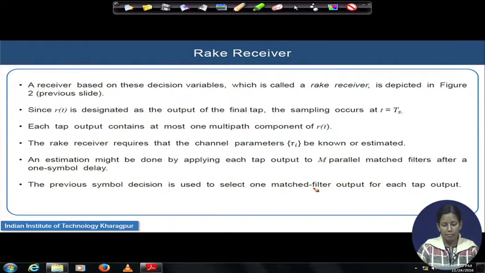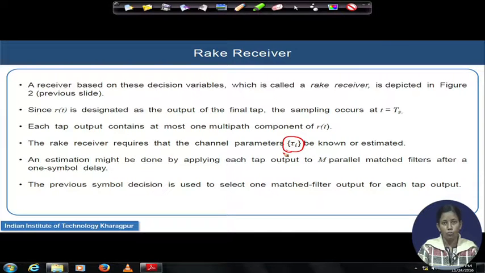So, remember one thing: how will you know the values of the CIs, the channel component values? How will you compute them is a very big question in the whole Rake receiver architecture. The channel parameters need to be known, both the delays as well as the CIs.